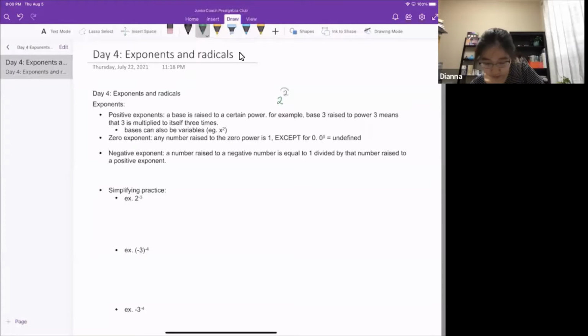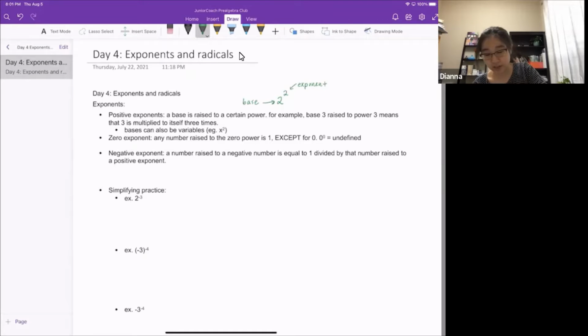This little number here is what we call the exponent. And this bottom number, the big one, is what we call the base. And so the base is raised to the power of an exponent.